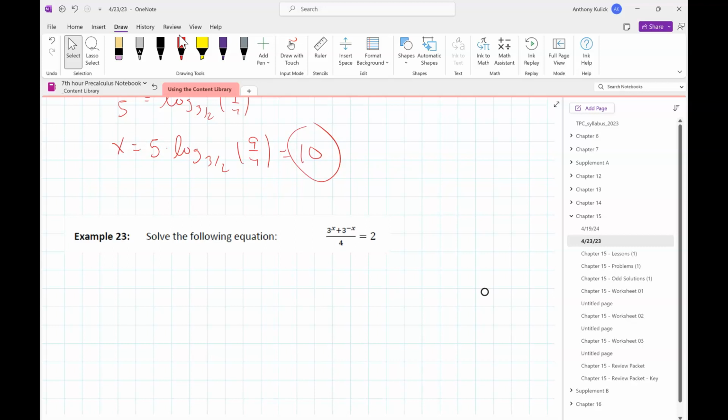Where's the variable at? It's in 2 different exponents. Oh no! Well, we'll show you how to deal with that in a moment. First thing, though, that I'd want to do, I'm just going to multiply both sides by 4 and get rid of that stinky fraction.